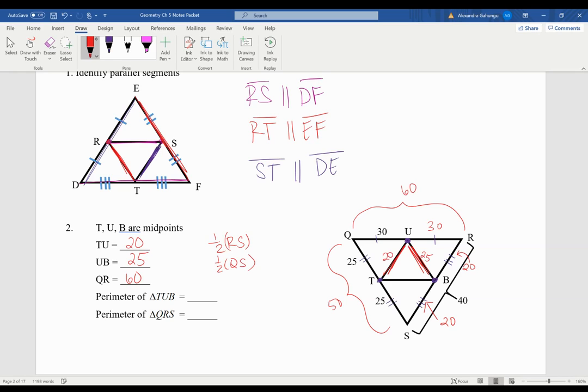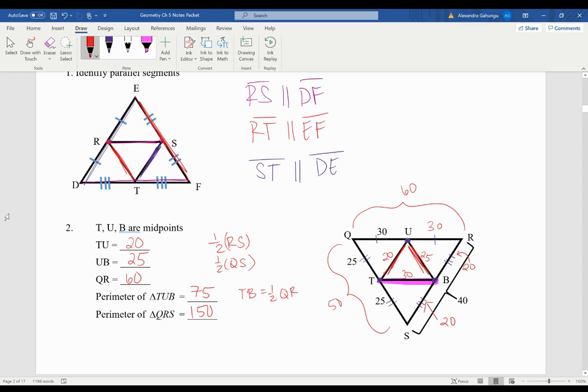And if I look at TB, TB is parallel to QR, so it's half of QR. So half of QR is 30. And so if I add those up, find the perimeter, it's 75. And then for the big triangle, it's 50, 60, and 40 added together. So it's 150.